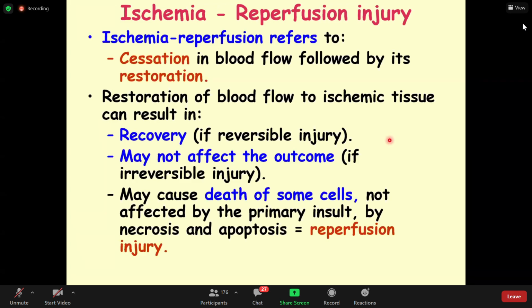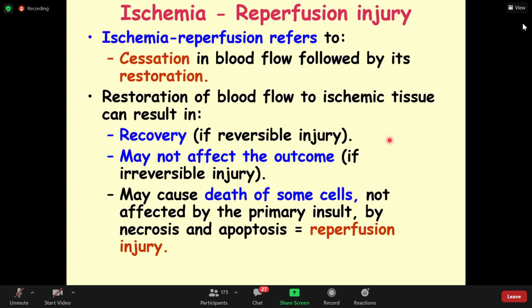Or finally, the one that you would worry about the most is that the area of damage is going to extend beyond the original area of ischemia. And how does that happen? Once you reestablish blood supply to that site, you are really allowing the contents that have accumulated behind the blockade to be released and to be exposed to cells that were not actually exposed to the blockade, the cells before the blockade.